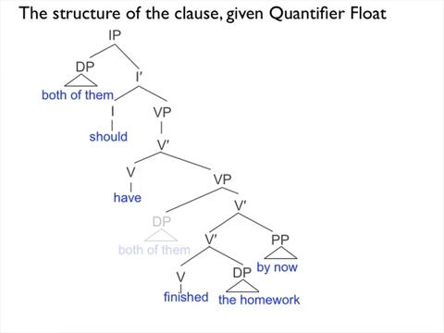So finished is a verb that has two arguments. It has a finisher and a thing finished. Those would be arguments of the verb, and since they're arguments of the verb, they need to be put into legitimate slots. The agent of a verb will go into the subject slot of the verb. So here we're using this VP, specifier of VP node.